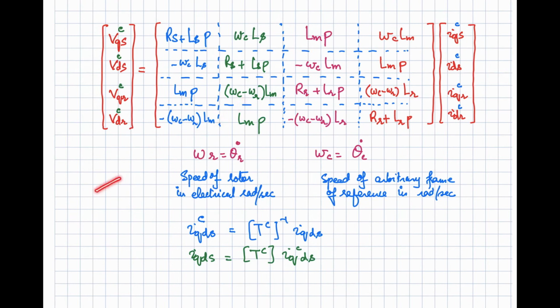Rotor is rotating at a certain speed omega r. We first translated it in terms of the fixed fictitious windings, and then from there we have translated it in terms of another rotating set that is rotating at omega c. So the difference of these two is basically this one.